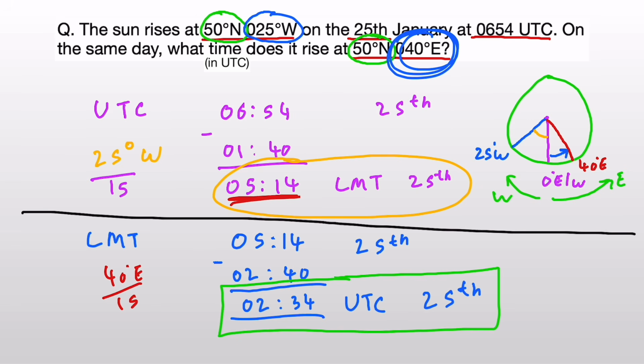What I saw was that this longitude was east of the prime meridian and thus it would be ahead in time. Since it is ahead in time, the time in UTC will be lagging behind. So I subtracted 2 hours 40 minutes from my local time and I got the time in UTC as 2 hours 34 minutes. I hope you understood all these type of questions.